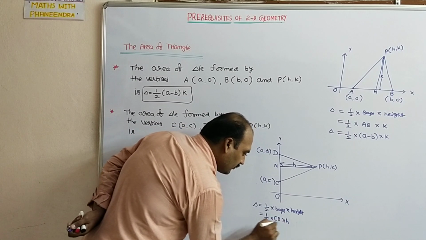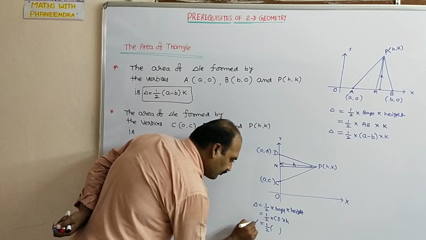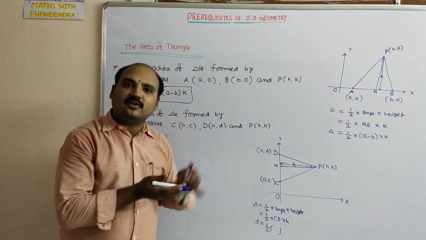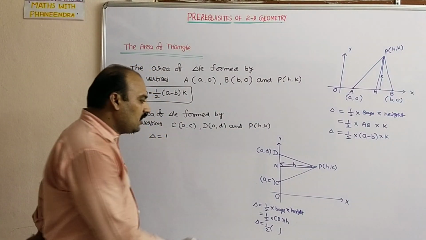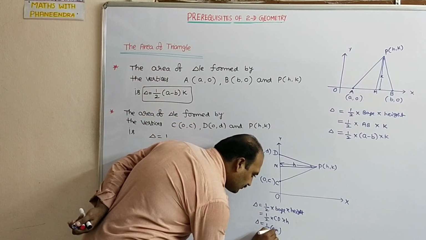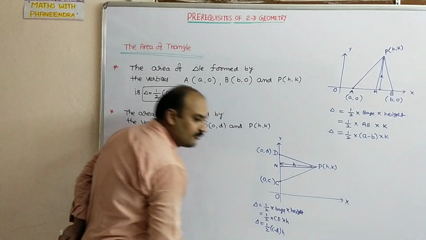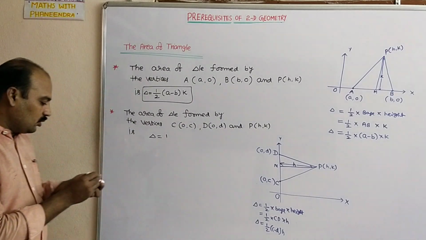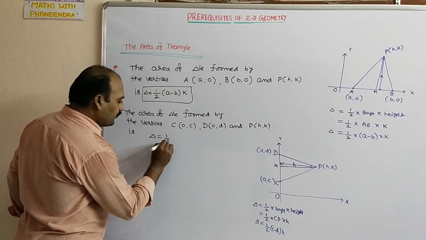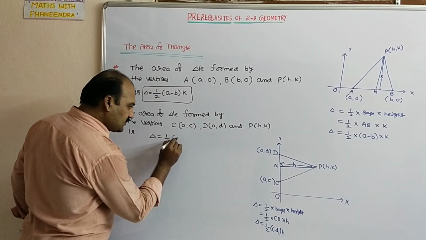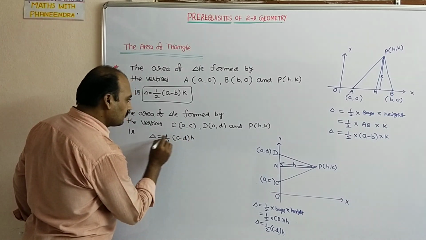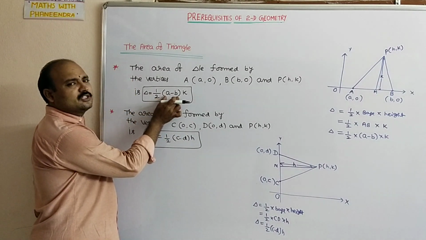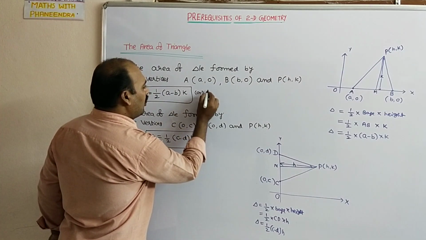PM is H. Half into CD, the distance between 2 points on the y-axis is the difference of y coordinates, D minus C or C minus D. Better to write C minus D into H. So now the area of the triangle formed by these points is half into (C minus D) into H. Here sometimes you can take mod.